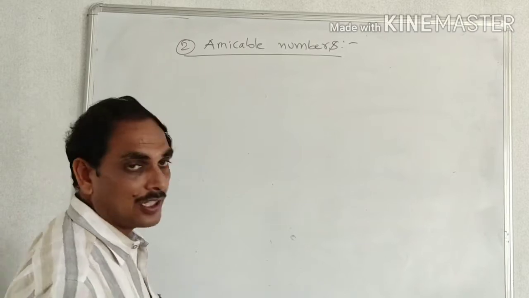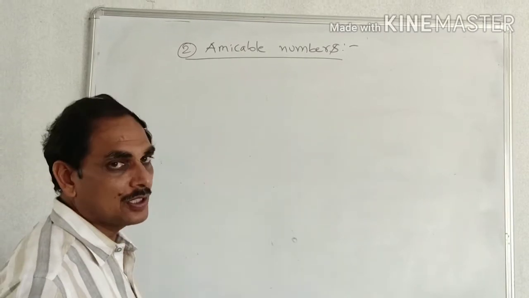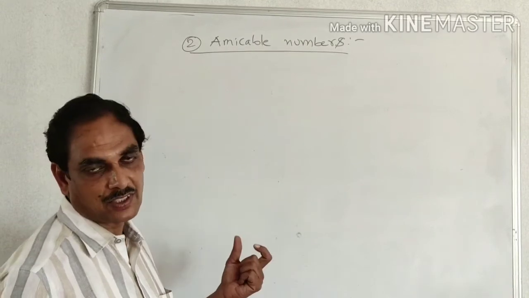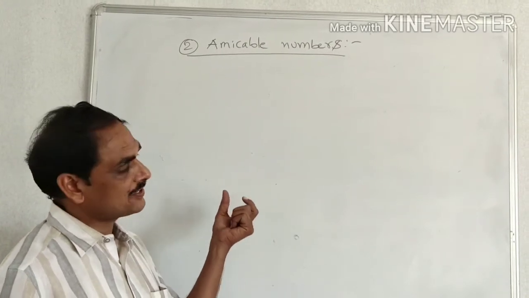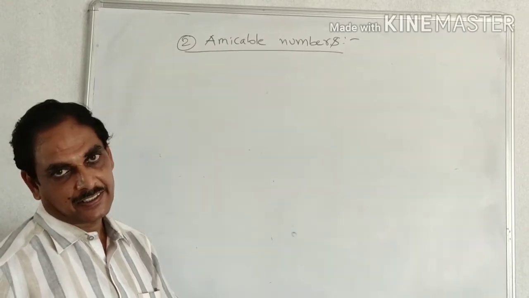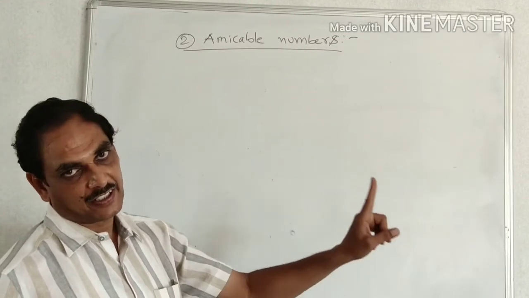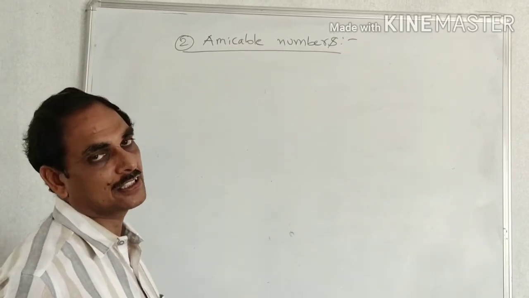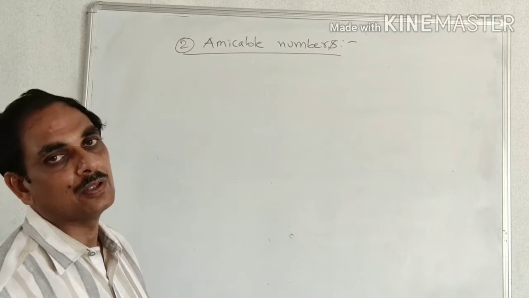Then those are called amicable numbers. The sum of all factors of the first number except that number is equal to the other number. Similarly, the sum of all factors of the other number except that number is equal to the first number. Then we say the two numbers are amicable.